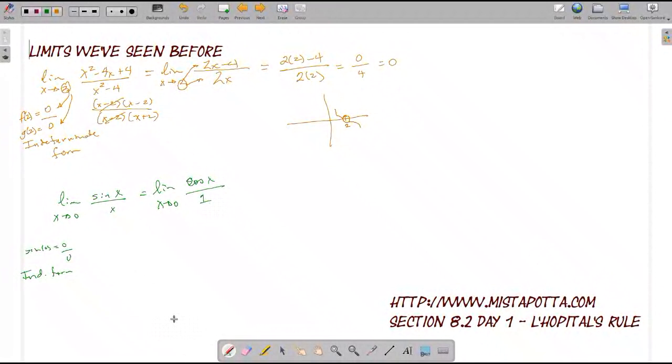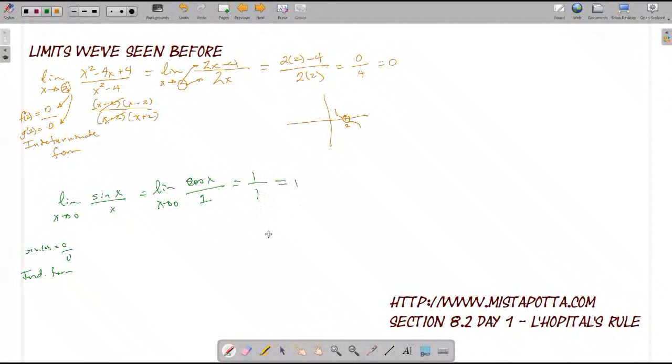And this is a lot easier to substitute in because 0 is actually in the domain of both of these functions. Cosine of 0 is 1, and of course the constant function will always be 1.